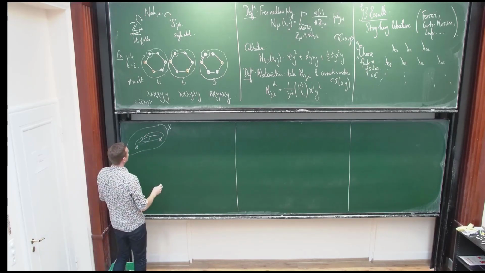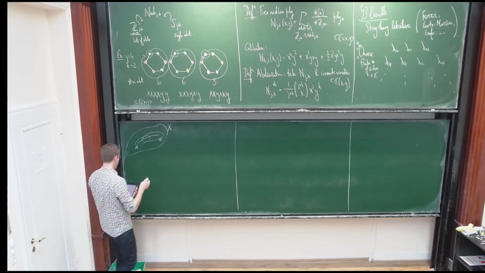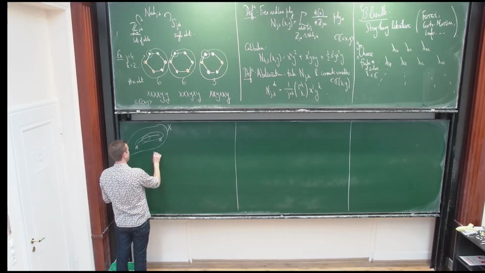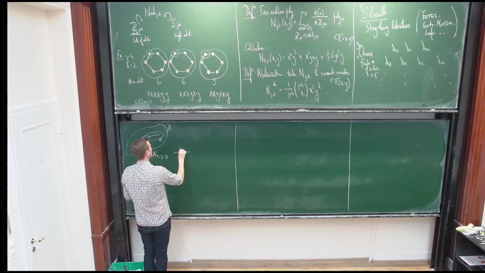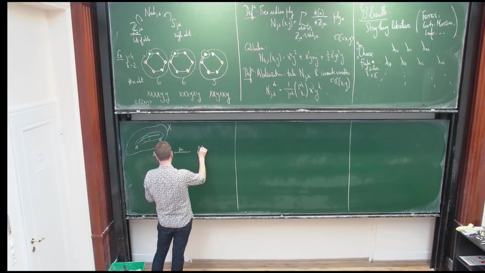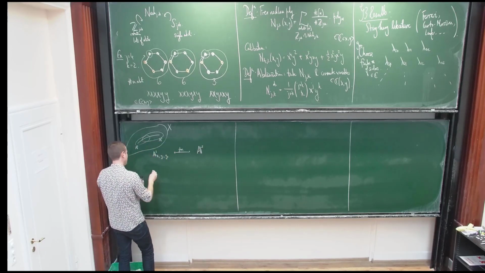And so I'm going to glue two copies of A^3, one in coordinates (x, y1, y2), and another copy of A^3 in coordinates I'm never going to tell you.